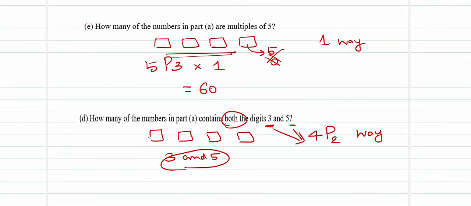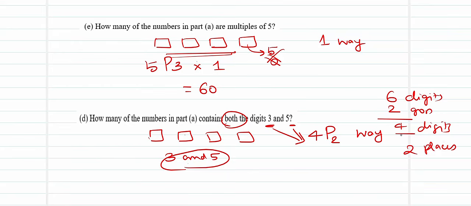Now if 2 places have been occupied by 3 and 5, then how many digits did we have? We had 6 digits, and then 2 have already gone. So how many do we have? 4 digits are left with us, and 2 places have already been filled, so out of the 4, how many places will be left? 2 places will be left. So using the 4 digits, I can fill the 2 places again in 4P2 ways.